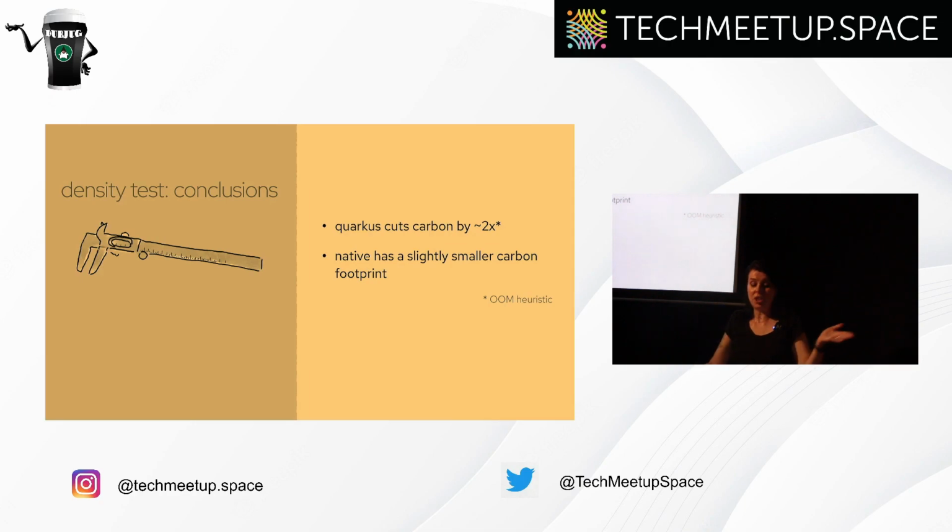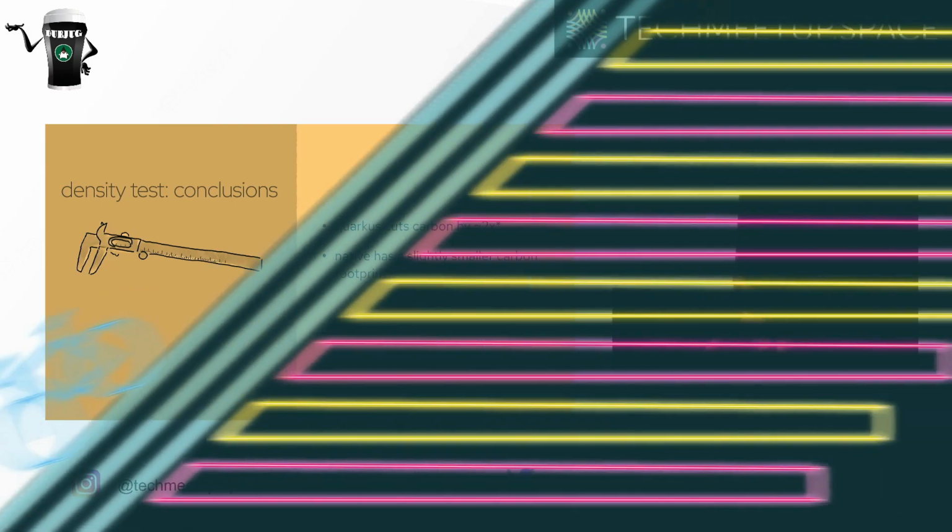Just switching to carbon, I cannot tell you how hard it is to talk about Quarkus and carbon repeatedly without getting into Quarbon and Carcass, and it's bad. Native seemed to have a slightly smaller carbon footprint, but because of the granularity of the instances, we couldn't get the data to show that. It looked the same.